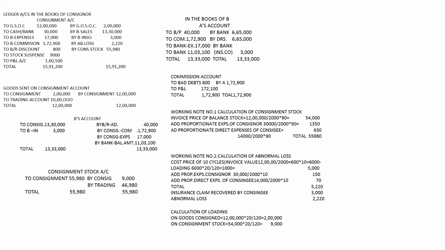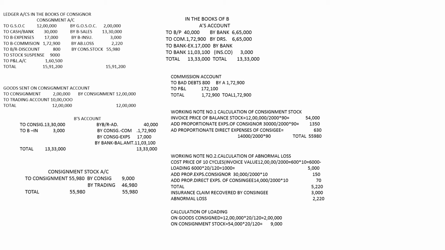This has been the loss in consignee's godown. Since he recovered 3,000 from the insurance company, the remaining 2,220 would be the abnormal loss. So by B, insurance company, he recovered from the insurance company.